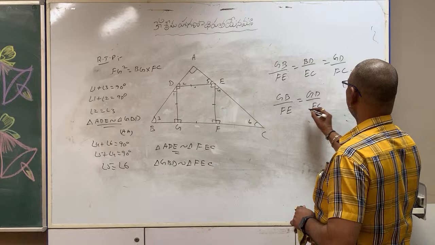So FG into FG, FG square is equal to BG into FC. So that is the solution. First we need to prove these two triangles are similar. If this is similar to this, and this is similar to this, then automatically these two are similar by the Euclid axioms. Okay?